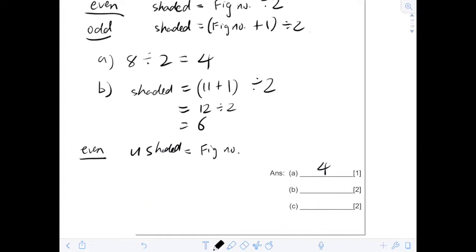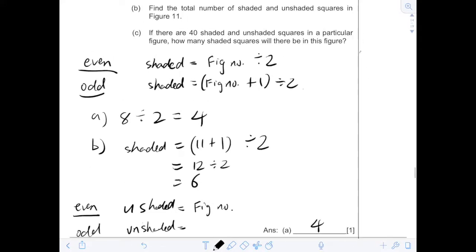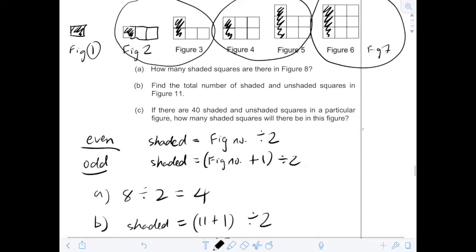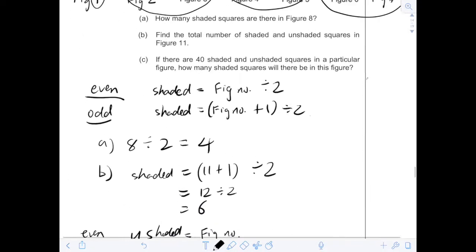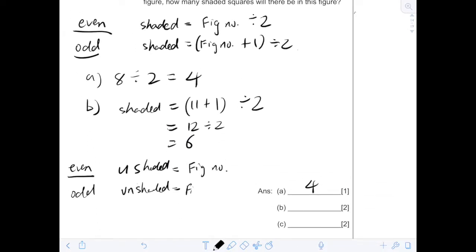Okay, then for odd, the unshaded will be equals to the figure number minus 1. Okay, just like that, following the rule.